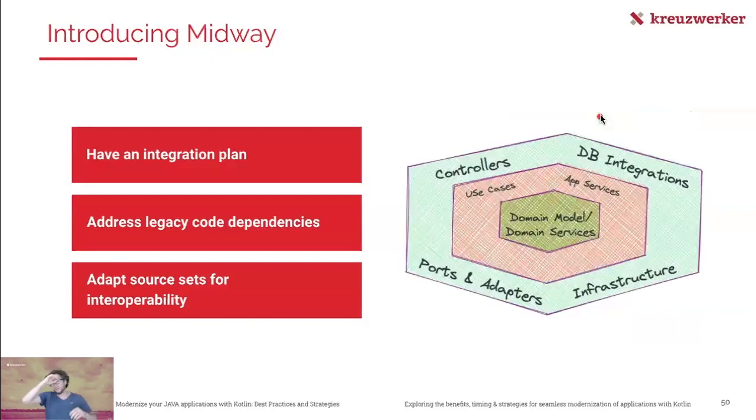And a bit more specific, if we look at the onion architecture and the onion model, for example, it would make sense to start with the domain core, with your domain service, where hopefully you have separated all your infrastructural concerns from your business concerns.